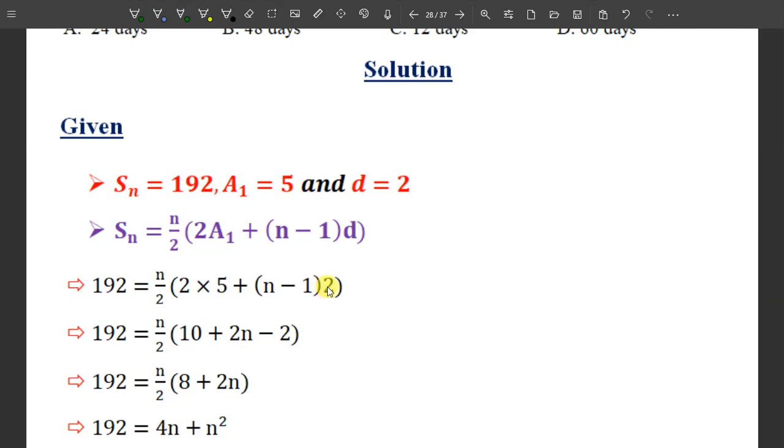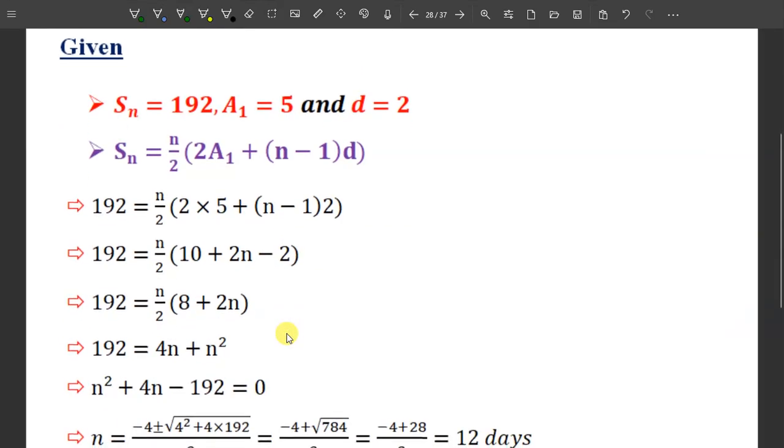Then multiply 2 by n, 2 by minus 1. That means perform multiplication first and then add with the resulting number. 2 times 5 is 10, plus 2 times n, 2n, 2 times minus 1, it is minus 2, and then add or subtract similar terms. Then 10 minus 2 becomes 8. We have here 2n. Then you can simply multiply n by 8 and by 2n.